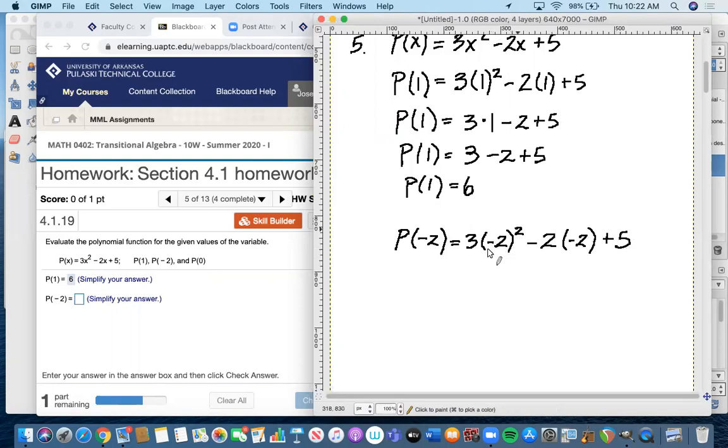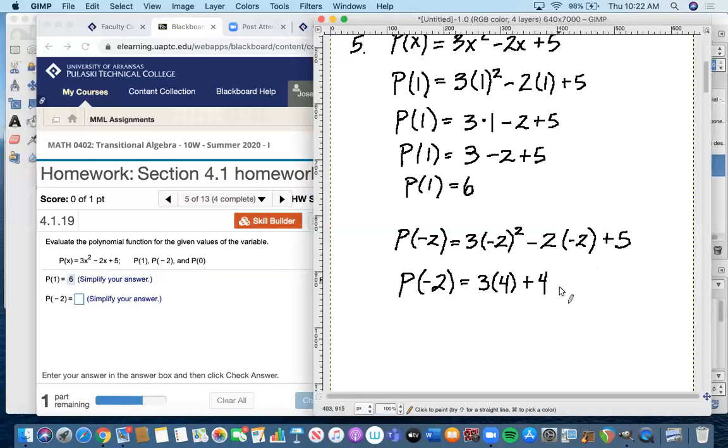Here's where you've got to be careful. When you square a negative number, it becomes positive, so that's something you have to watch out for. So 3 times negative 2 squared: negative 2 squared is 4, so this is going to be 3 times 4. Now here we have minus 2 times negative 2. If you count the negatives, you have 2 negatives, and that makes a positive 4.